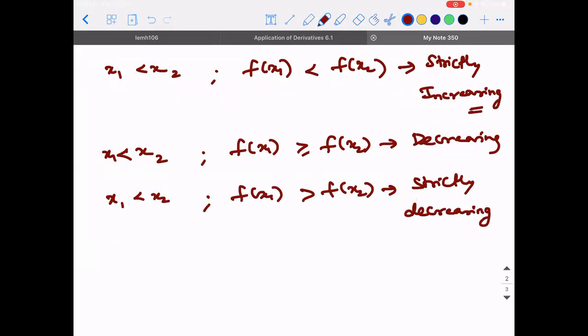Guys, make a note. Whenever you say strictly, you will ignore that equal to sign. If you ask me, is that equal to sign important? Yes, it is, because the equal to will decide whether you need to put an open bracket or a closed bracket.